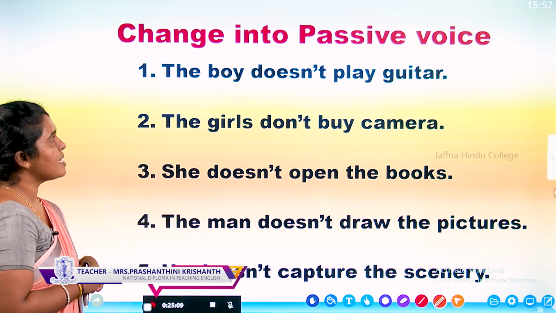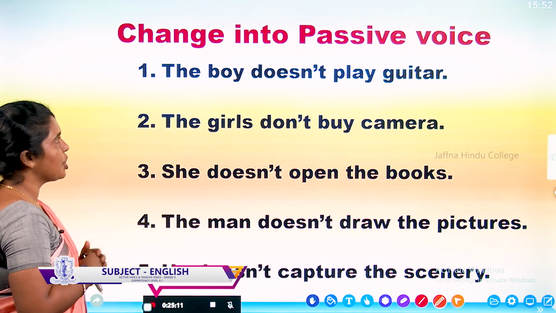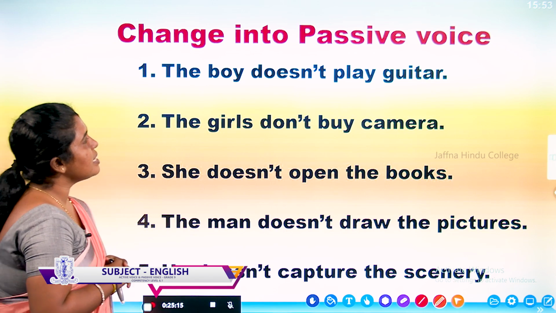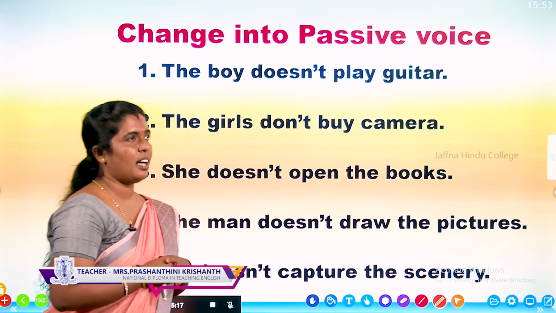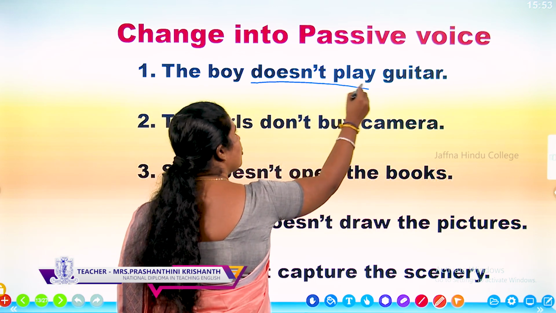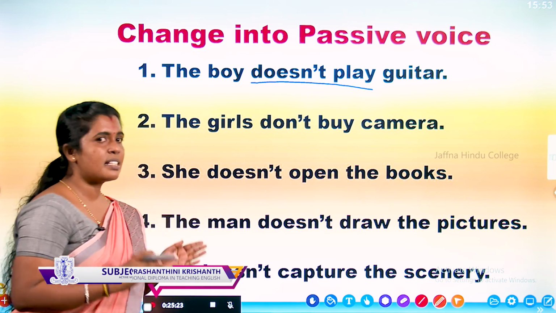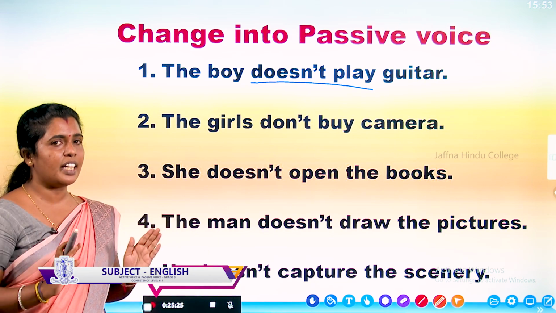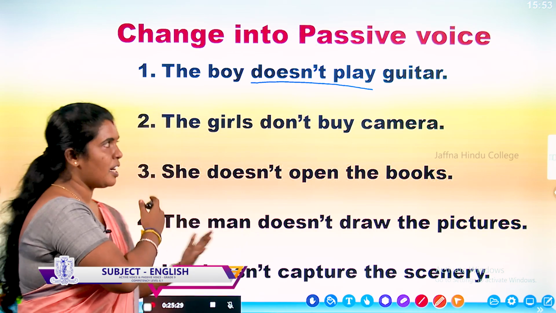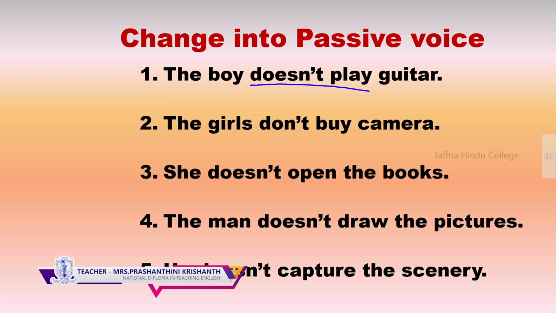Okay. So now see the question. Change into passive voice. Okay. This is a question. The first one, the boy doesn't play guitar, right? So you know doesn't and verb is here. So this is simple present tense negative sentence. Clear? So we have to take the object first. What is the object?